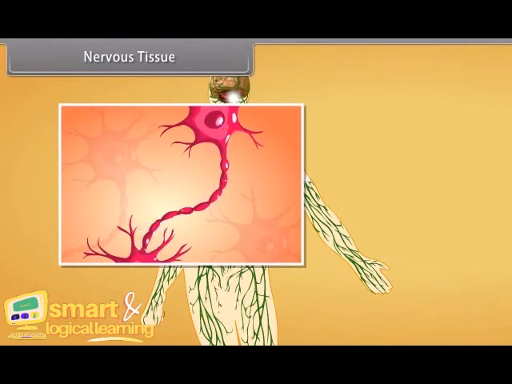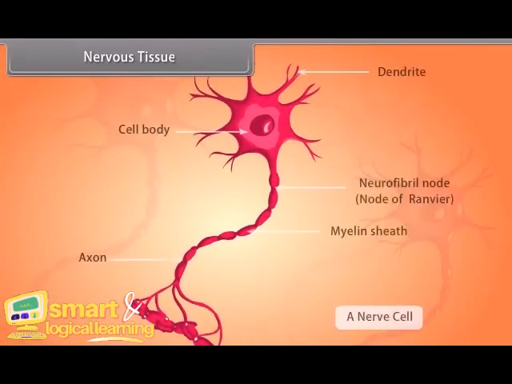Do you know, Madhuri, that each neuron has three parts: cyton, dendron, and axon. The cyton or cell body contains a central nucleus and cytoplasm which has deeply stained particles called Nissl's granules. Dendrons are short processes arising from the cyton and further branching into dendrites.